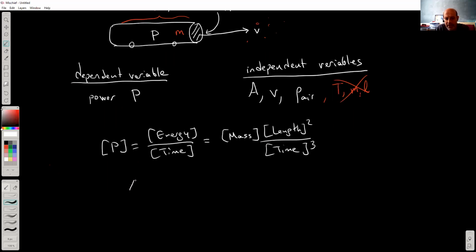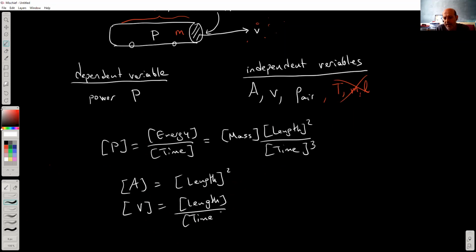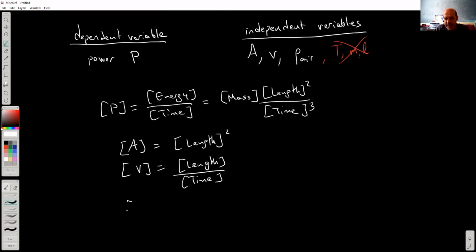Okay, so the area has the dimensions of length squared, and the speed has the dimensions of length divided by time. Right, let me write this thing down correctly. And what else? The density of the air has the dimensions of mass divided by length cubed.